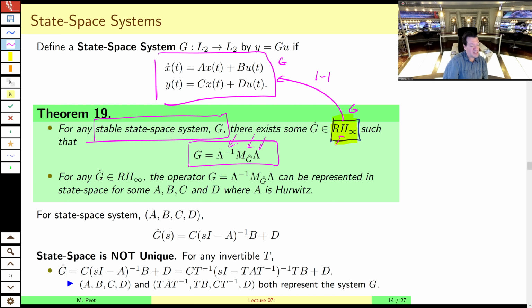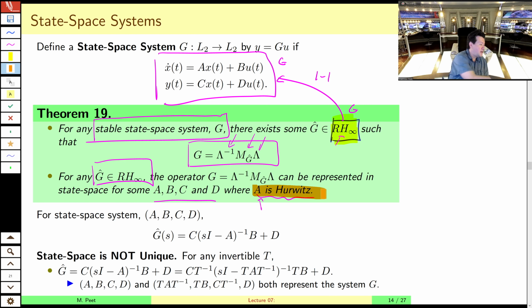So there's a representation of that using the multiplication by the transfer function. And likewise, the converse: if you're in RH∞, there exists a state space representation which is stable, so A is Hurwitz. So there's a one-to-one relationship between RH∞ and state space systems. That's what this theorem is telling us.